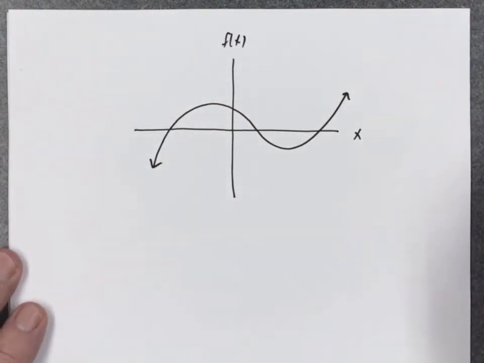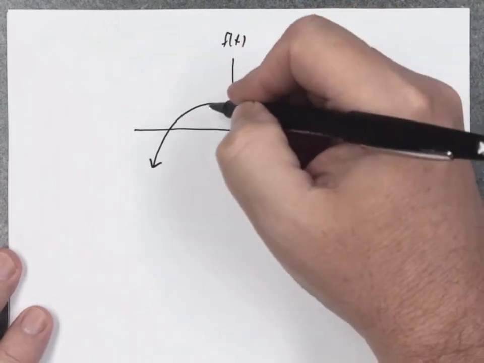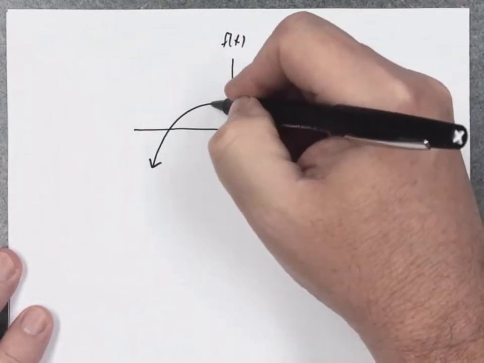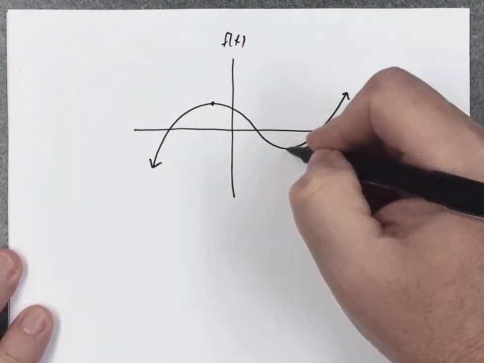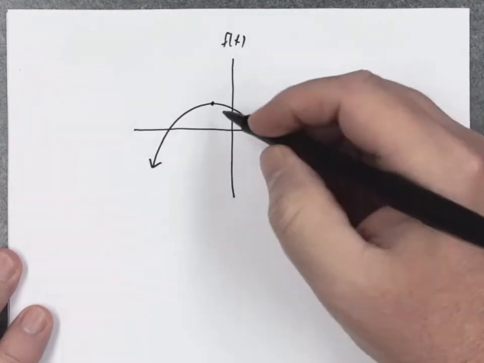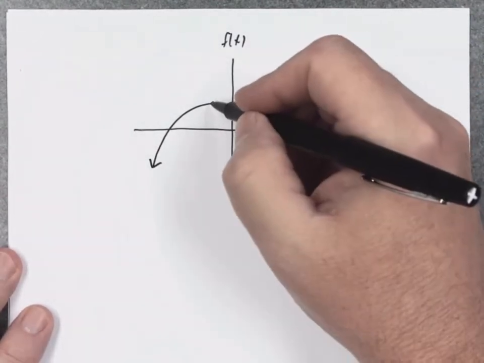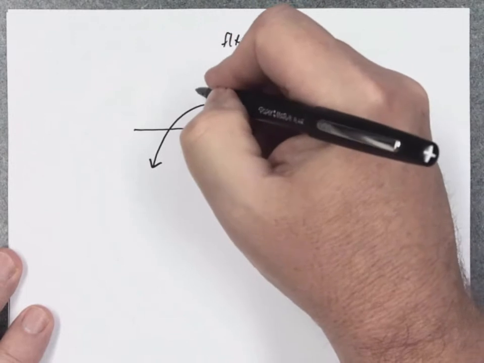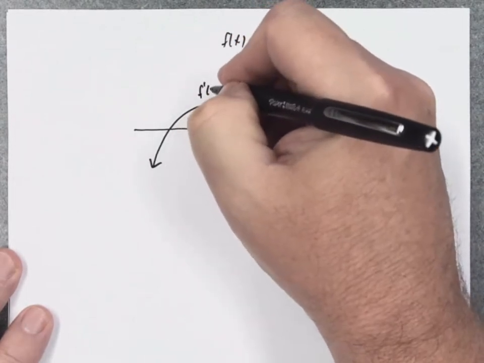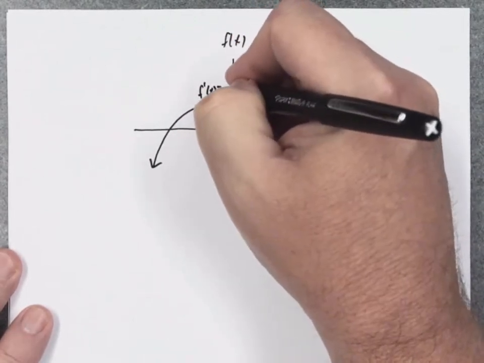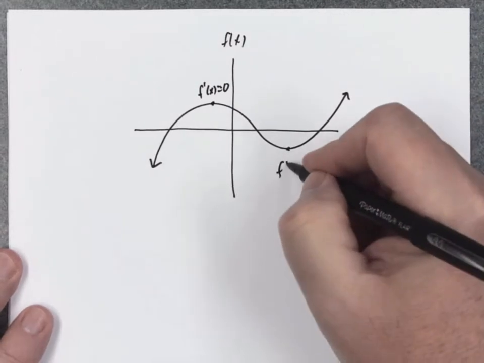Critical points for a function, first derivative, critical points are usually maxes and mins, sometimes neither. Of course, what happens to the first derivative at a max or a min? It's 0.